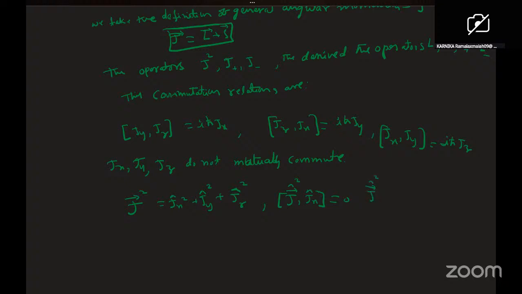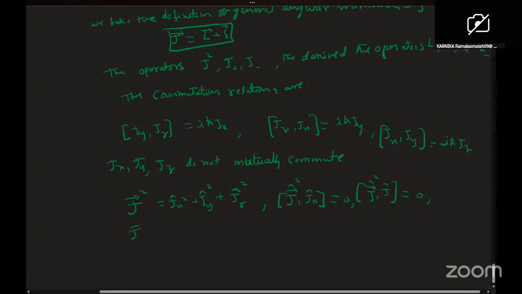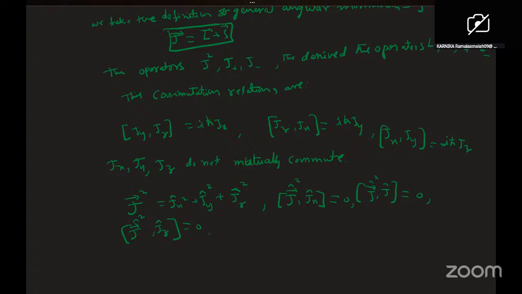J square comma jy is also 0. J square comma jz is also 0. This is the angular momentum formula.